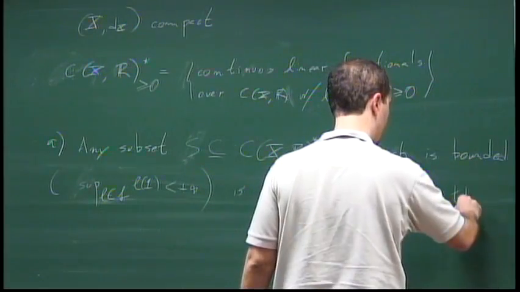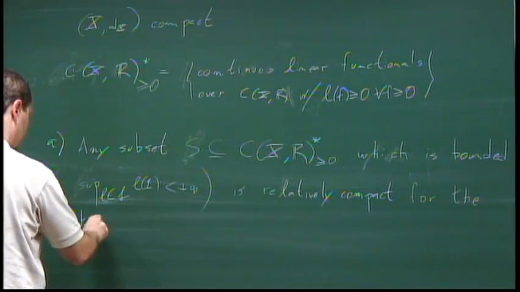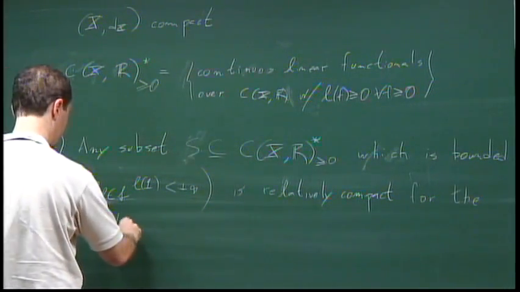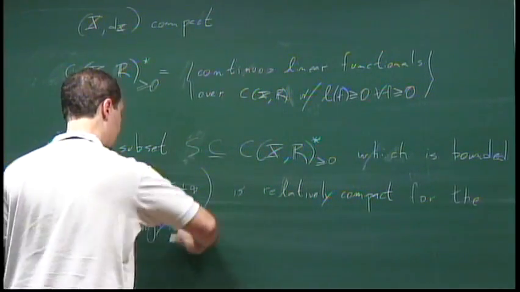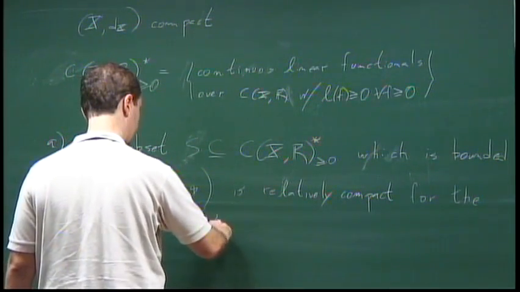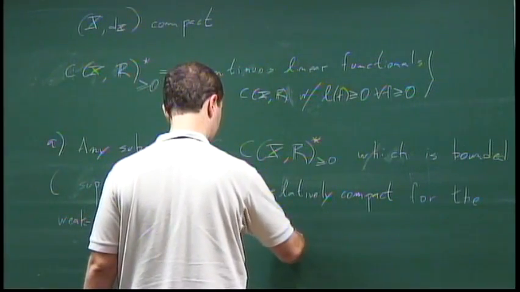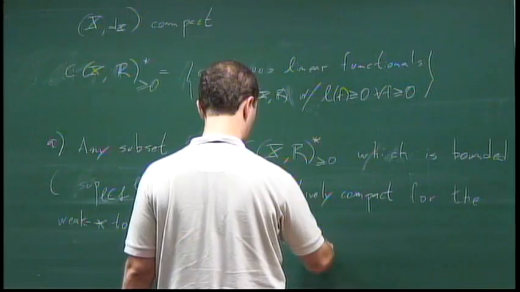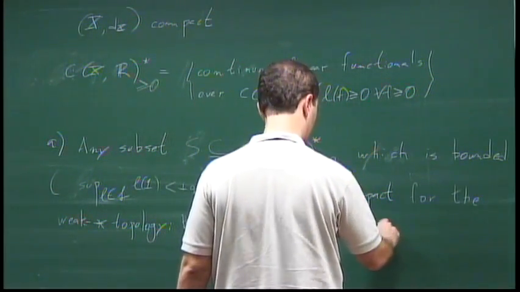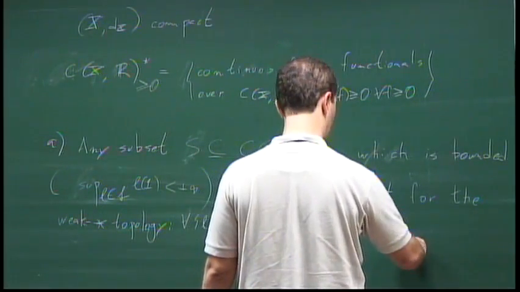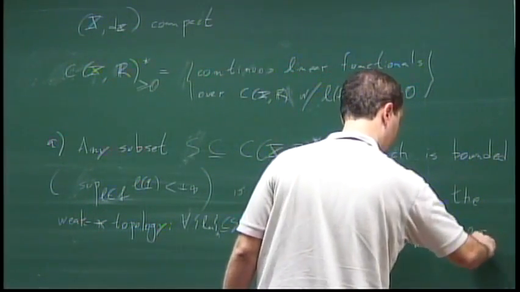And let me say what this means. So it means that for all sequences contained in S, you can find a subsequence and another linear functional L such that for all f in C, L_{n_k} of f converges to L of f.